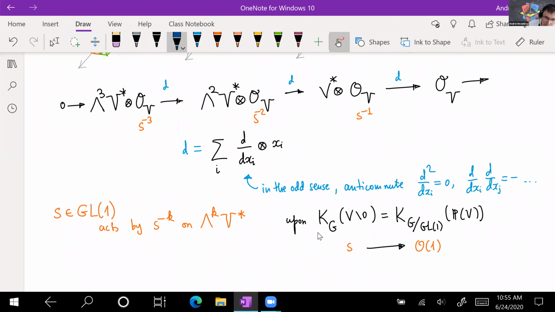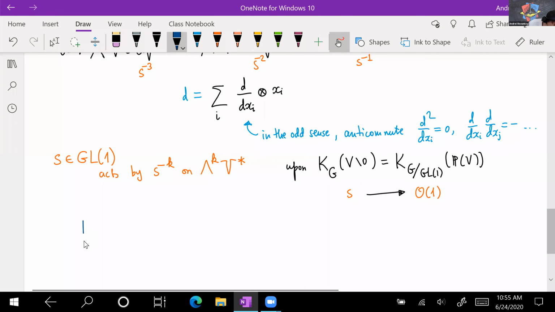The cokernel of multiplication by that is this map, and so the result is the K theory of GLV equivariant on P(V). That is generated by, well, maybe I'll write it like this.